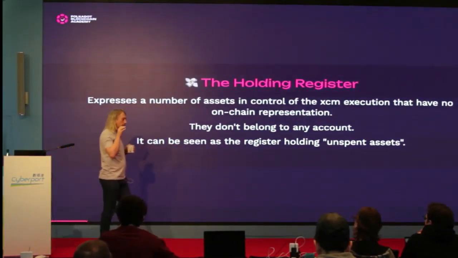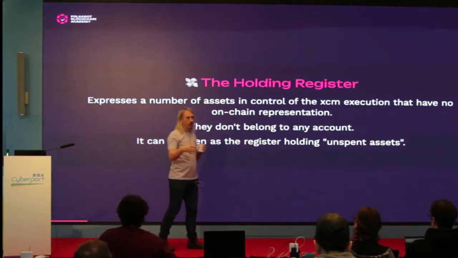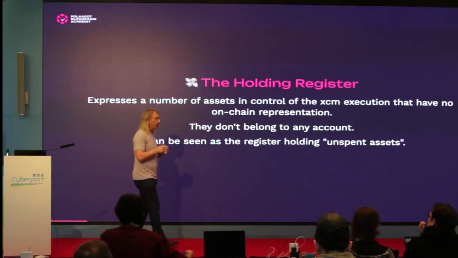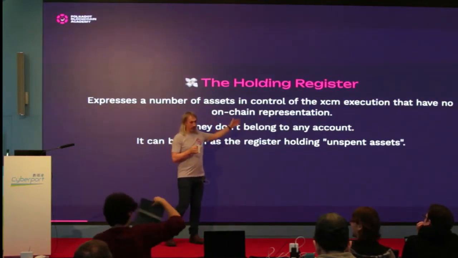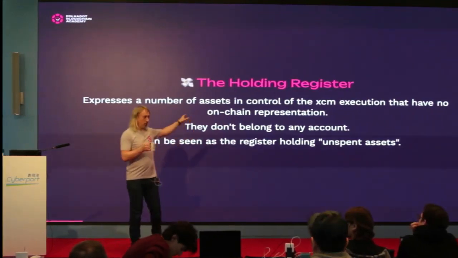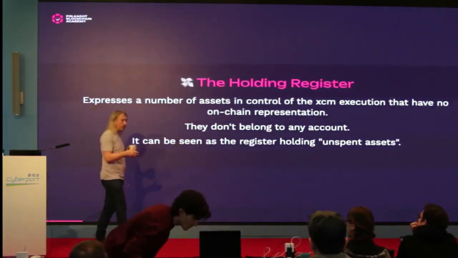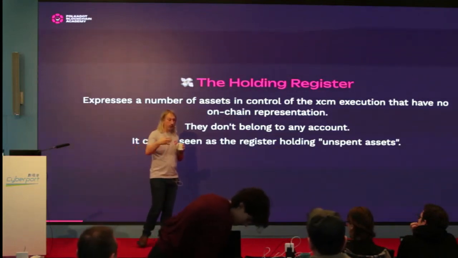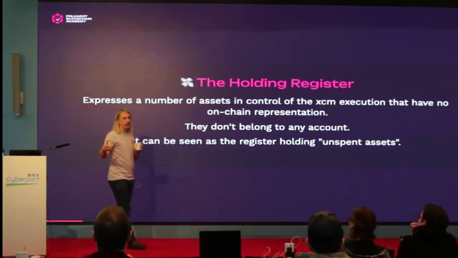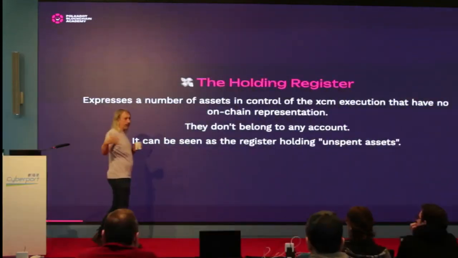Now, you might remove something. A pallet might track a removal of an asset from an account ID before it is placed in the holding register, and then the asset sits unspent in the holding register. Similarly, you might take an asset from the holding register and put it into an account, at which point a pallet will alter its on-chain state according to some account ID and add that asset to it.